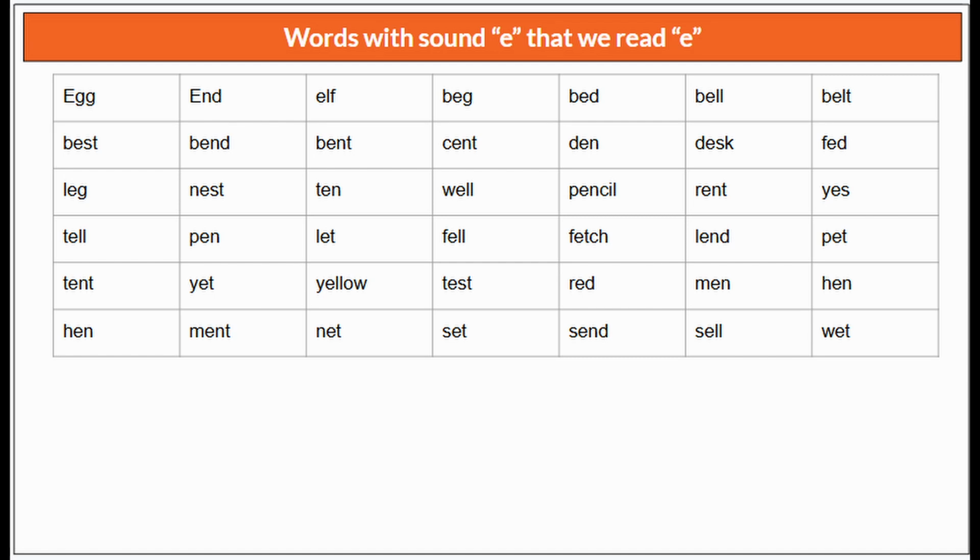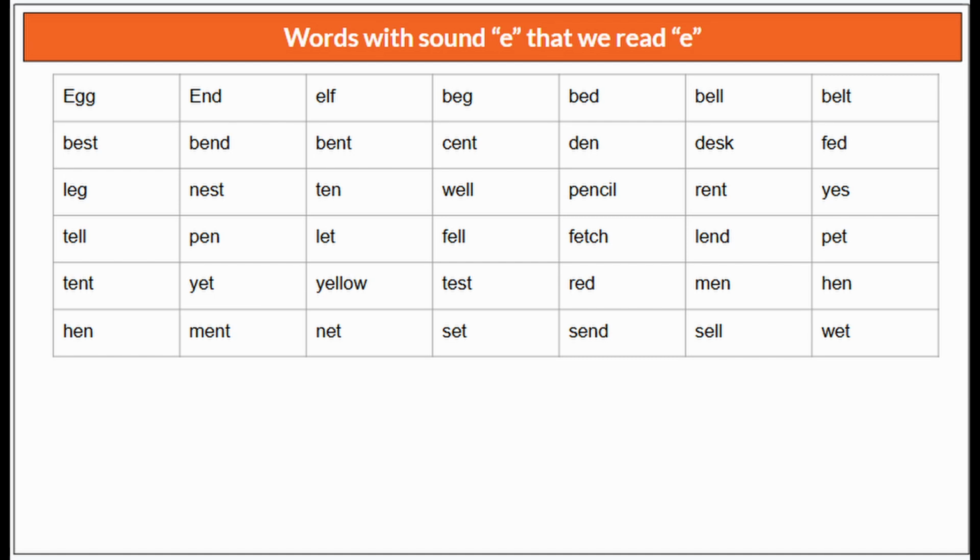As you can see here, this vowel in English we read E. But because it is followed by one consonant or two consonants directly without any vowel, we read it A, as in your local language. Egg. And because it is followed by double consonant.